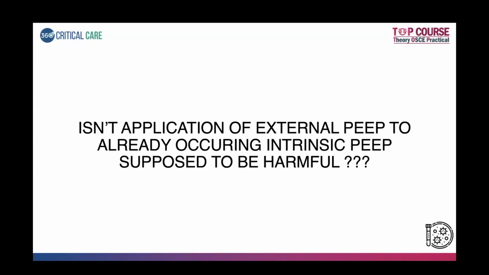So that was when they had done a study and then they had postulated this waterfall analogy, whereby they had shown that use of this external PEEP to an extent is supposed to be beneficial in these subset of patients. Specifically, in this airflow limitation in relation with COPD and asthma, application of external PEEP helps to reduce the intrinsic PEEP effect to an extent.